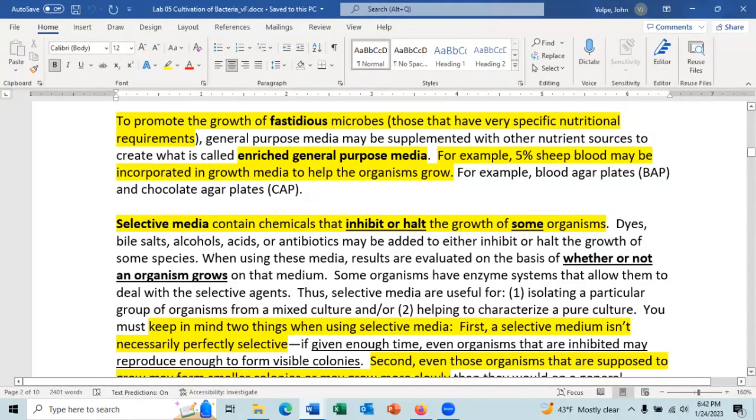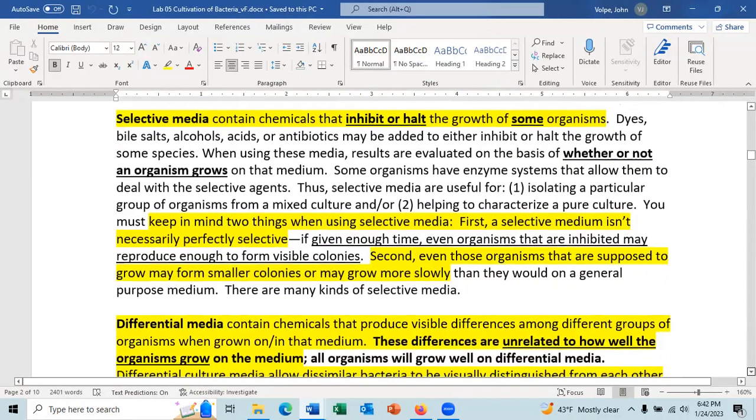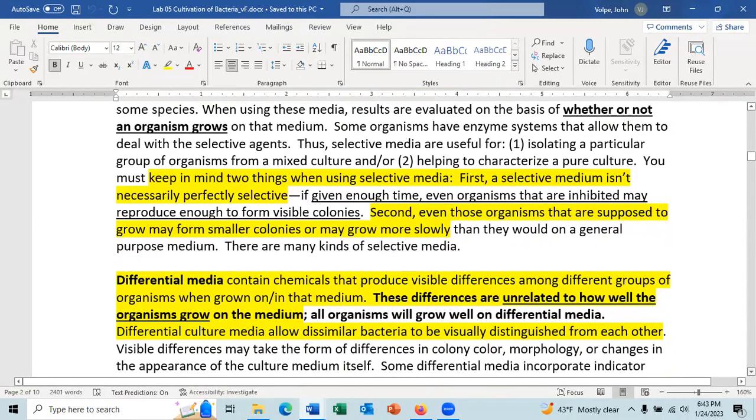There's also selective media that contains chemicals that inhibit or halt the growth of some organisms. You should keep in mind when you're growing things on a selective media that the selective media isn't necessarily perfectly selective, meaning you may get some growth on the media, even though the bacteria are selected against.